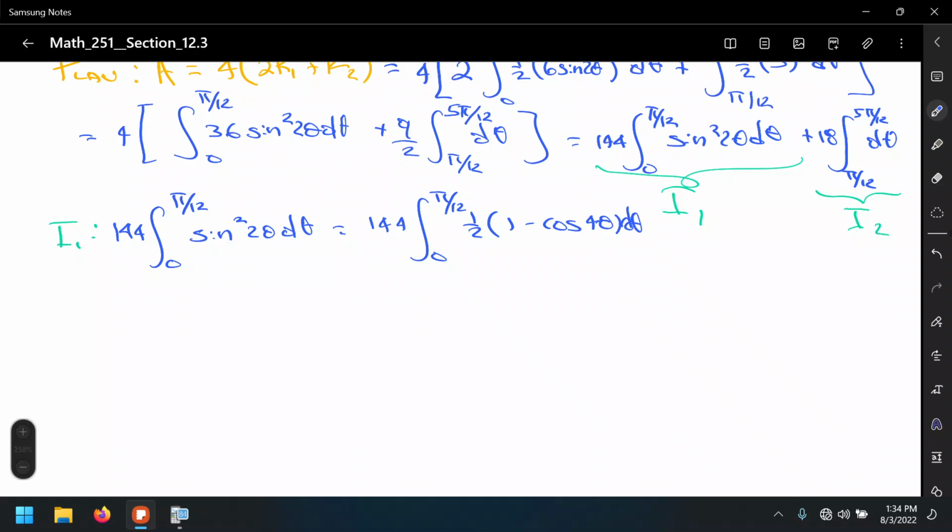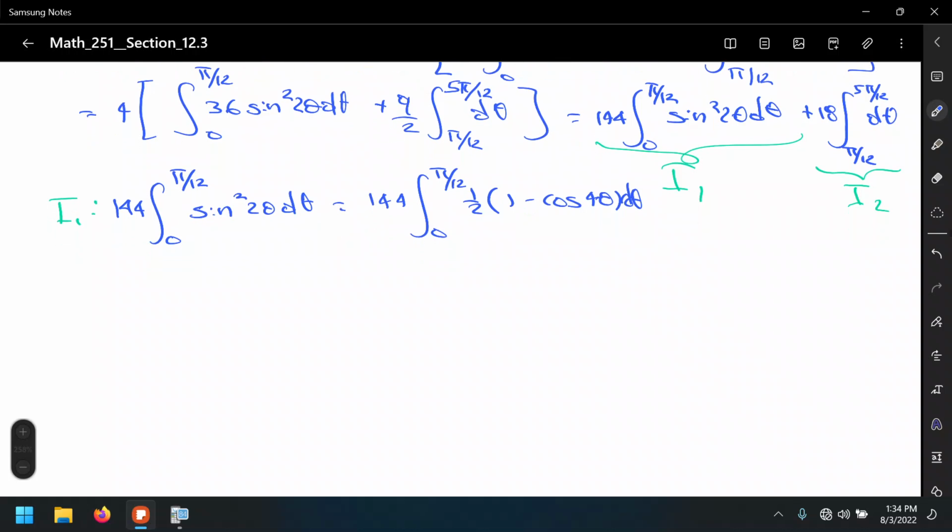And then, 144 over 2, is that 72 again? 72 times the integral from 0 to pi over 12 of 1 minus cosine 4 theta. And I know we could have written the 2 integrals in one shot at the same time, but I'd rather do one step at a time.